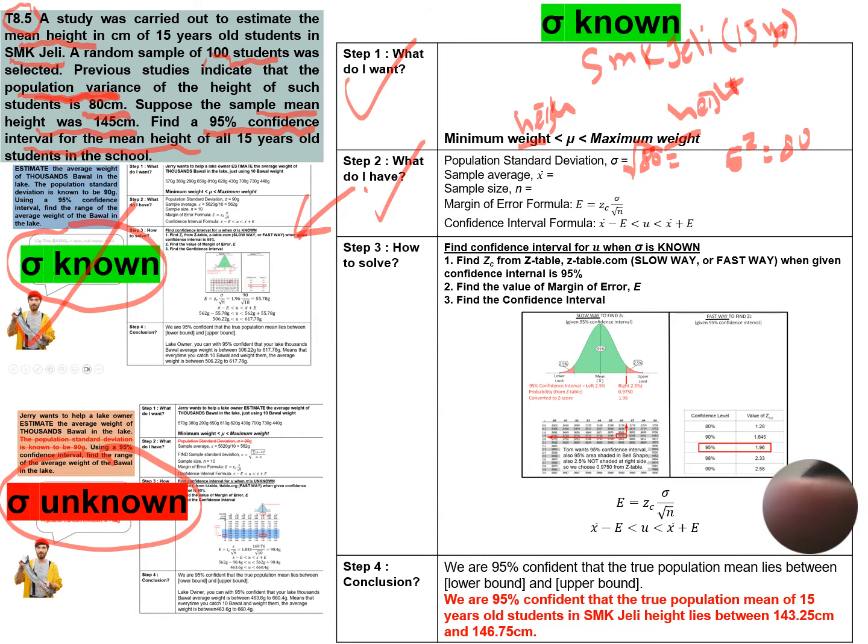So now we have our population standard deviation, 8.9. Sample average: do we have the sample average value? Yes, here, 145 cm.